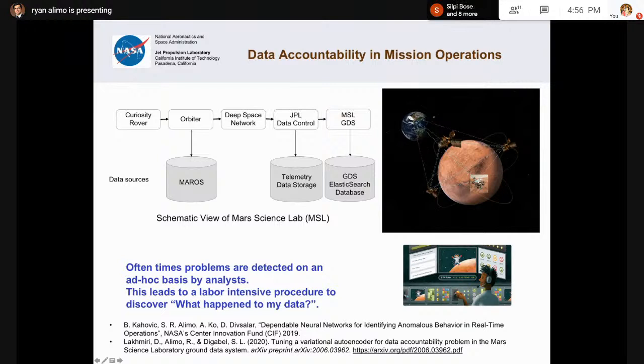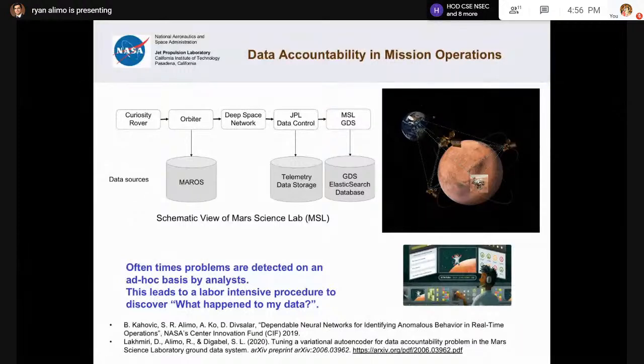And there are some people looking at the data, and usually they ask, where is my data? What happened to my data? First, the Curiosity rover sends to the orbiters, which send to the Deep Space Network, then the JPL data control, and in the end, it's called Ground Data System Operation for MSL. And you want to know where the data is missed, right?